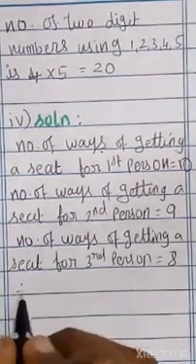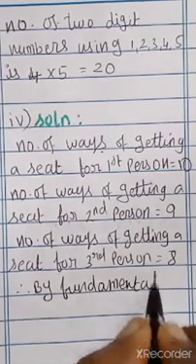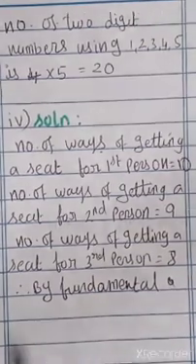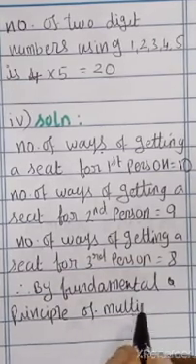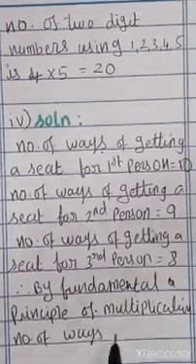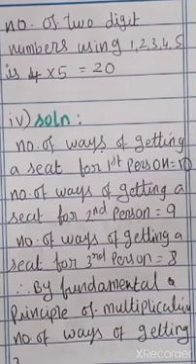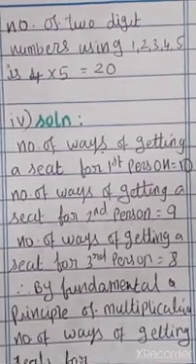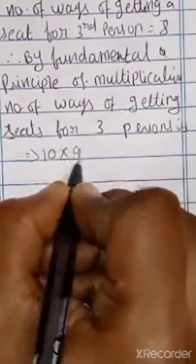Correct? Okay, therefore by fundamental principle of multiplication, number of ways of getting seats for 3 persons is 10 into 9 into 8.